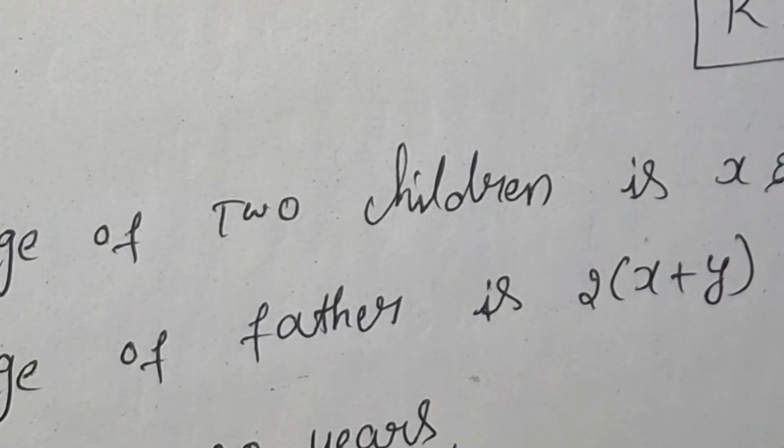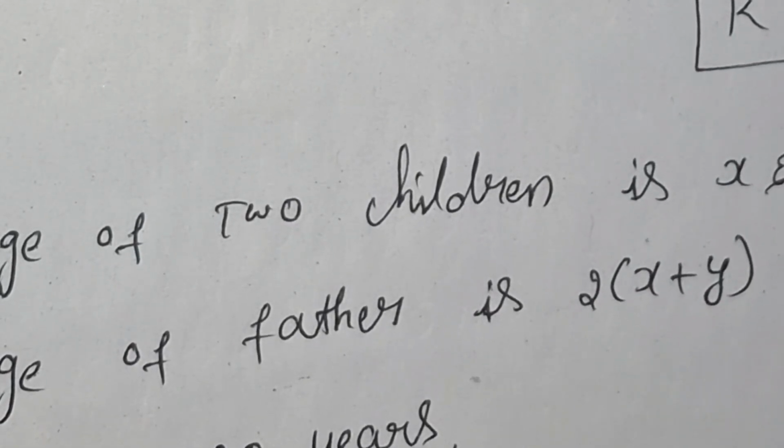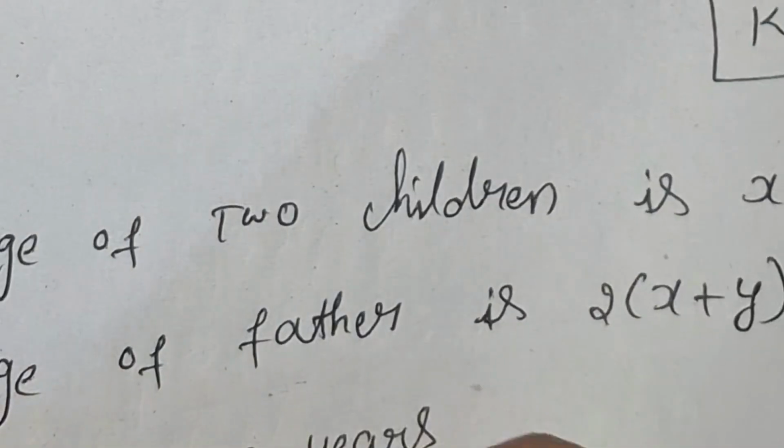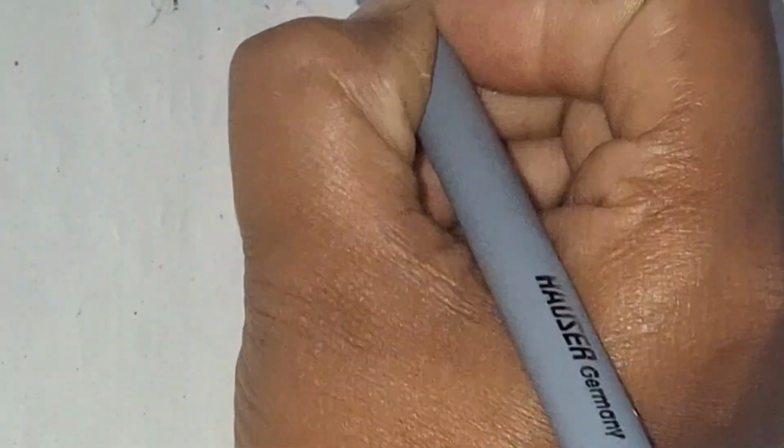Then according to the question, 2 into x plus y plus 20 equal to x plus 20 plus y plus 20. The age of the father equals the sum of the ages of the two children.